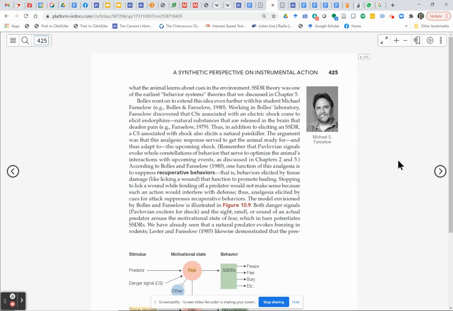I was doing stress-induced analgesia, and Michael Fanslow, because he's very bright and also worked with Bowles, he was doing that and a bunch of other things. I've given you a link.